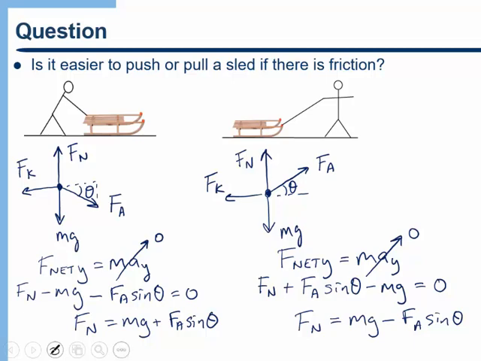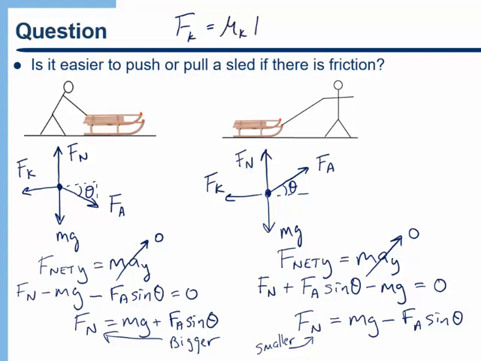Notice, therefore, that the normal force here is bigger, and the normal force here is smaller. Well, since the force of friction is equal to the coefficient of friction times the normal force, if the normal force is bigger, then the force of friction will be bigger, and therefore it will be harder to push the sled than it is to pull the sled.